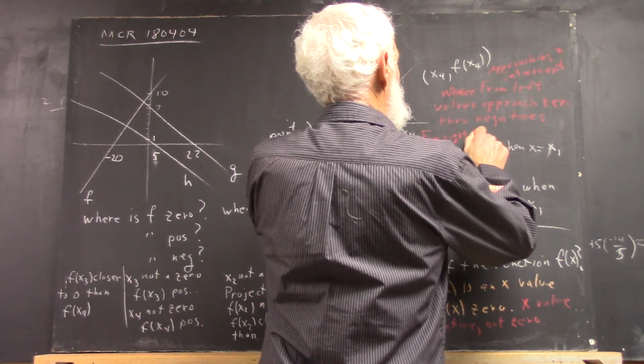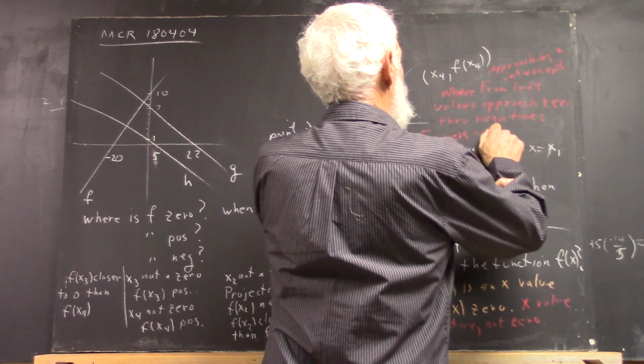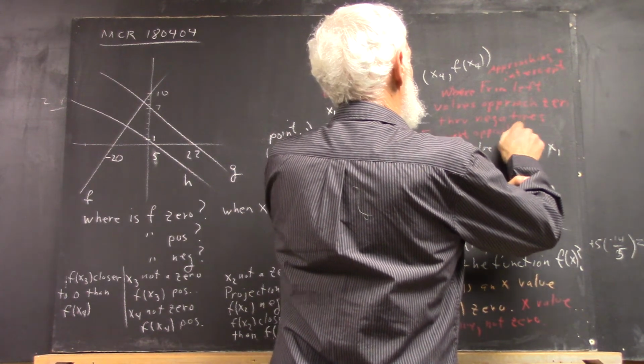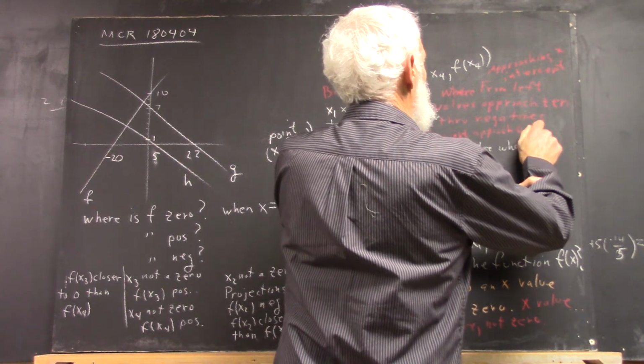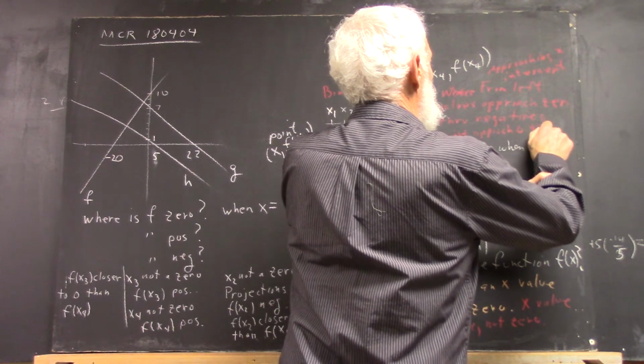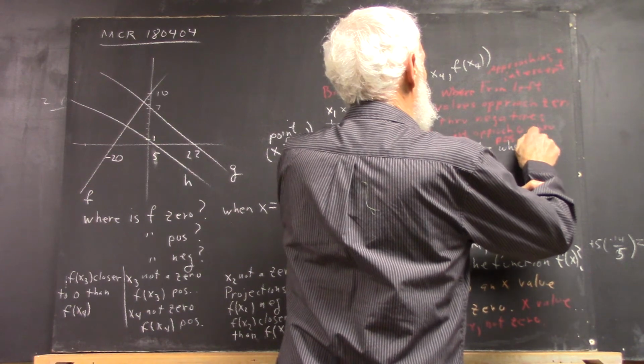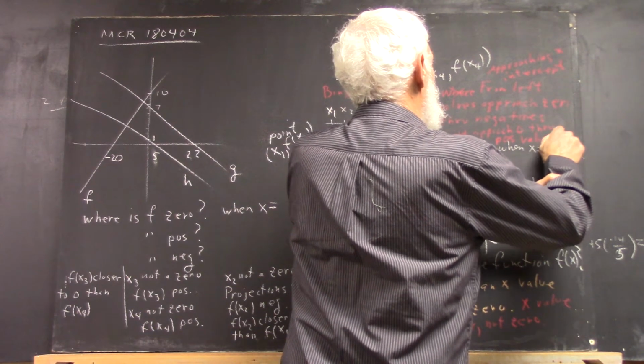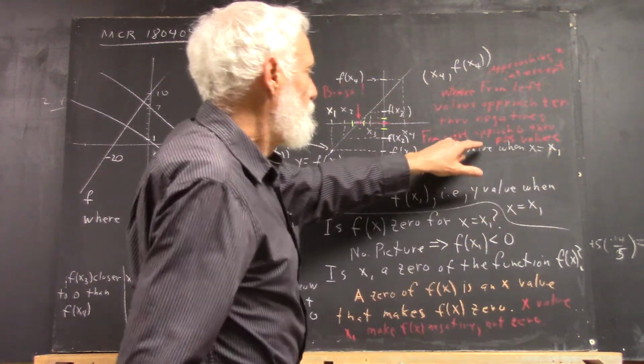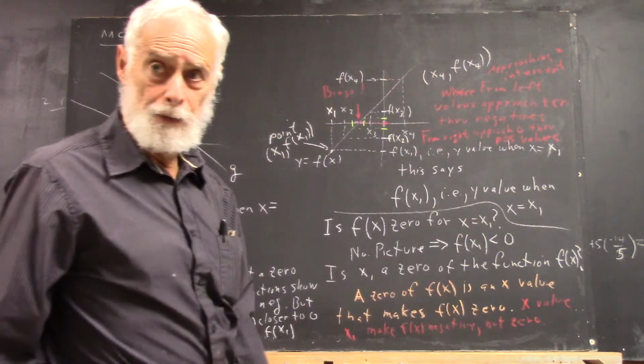From the right, we approach 0 through positive values, okay?